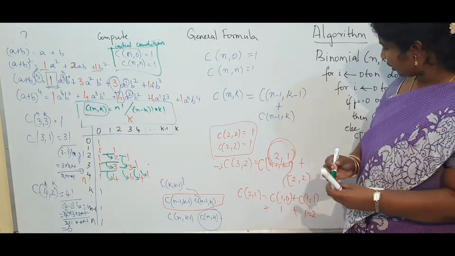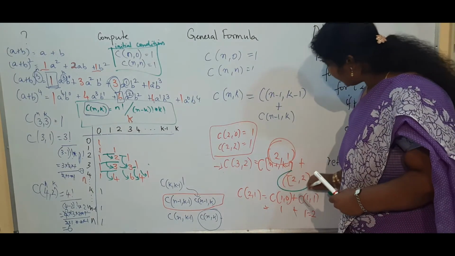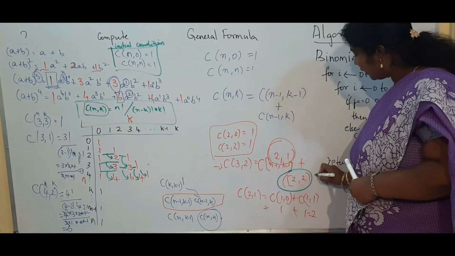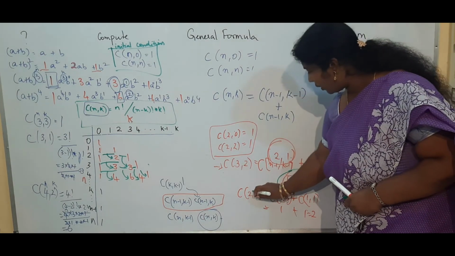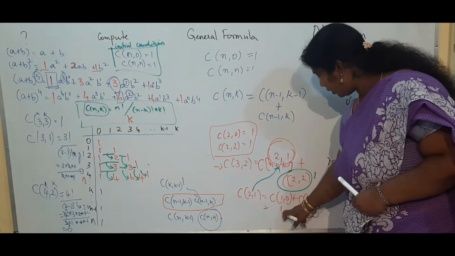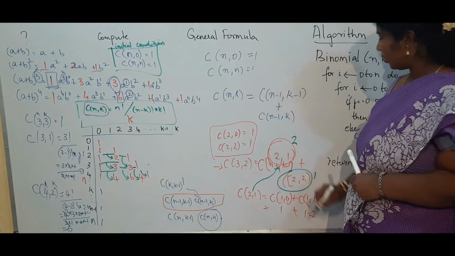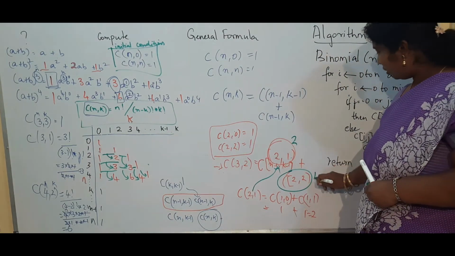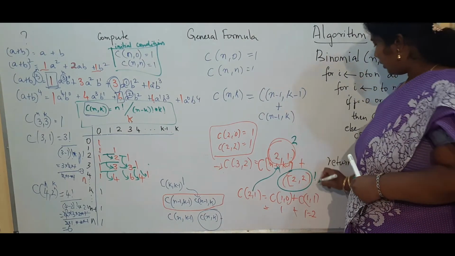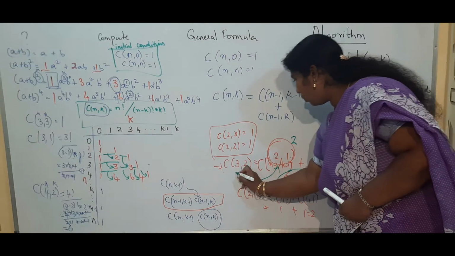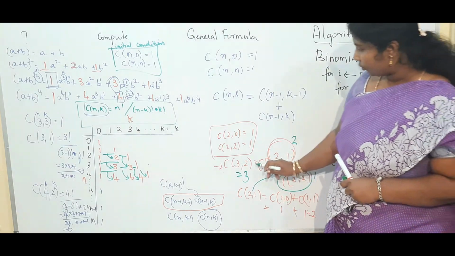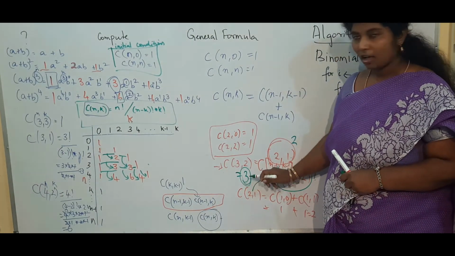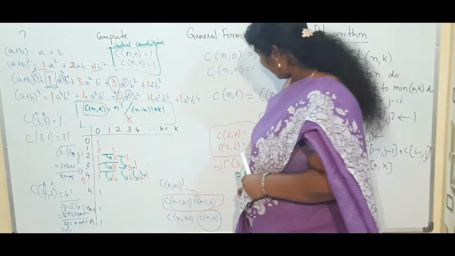This particular thing comes under this condition. So I have 1 as one answer, and for 2 comma 1, the answer I have already got is 2. So 2 plus 1 is equal to 3. Now let us check whether this 3 is correct.